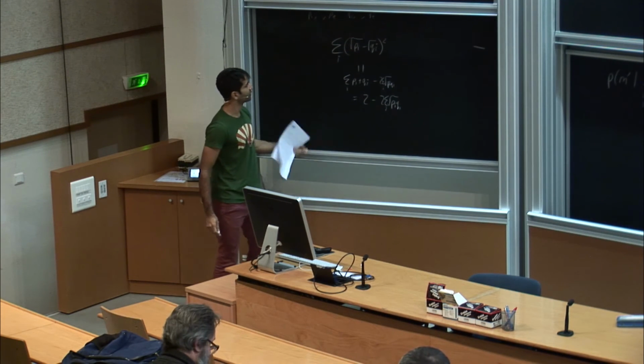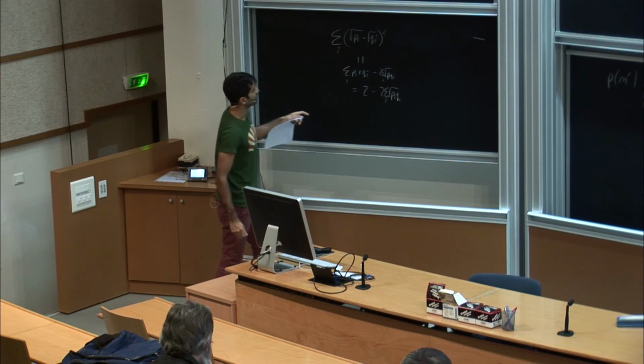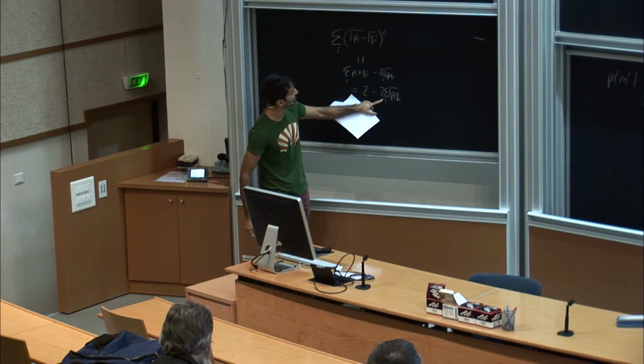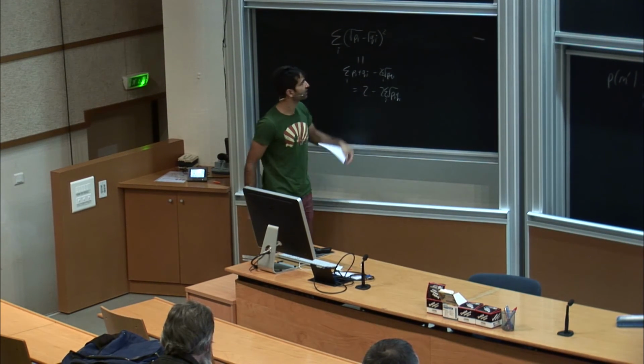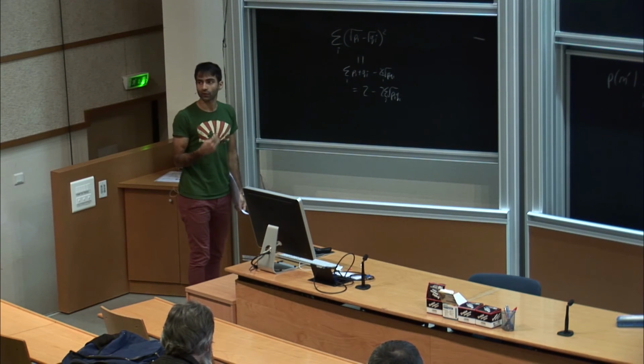The moral of the story is that this is a measure of distance, and it's 2 minus 2 times something that depends only on the product of the probabilities for every point. That's going to be crucial, and this is actually a good approximation for the L1 distance.